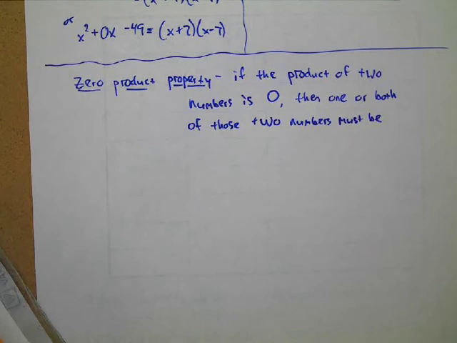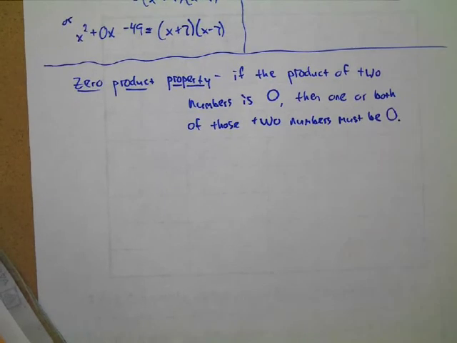So if you have two things that are multiplying, and it doesn't have to be numbers, I could just write expressions there. If two things multiply and their product is 0, one or both of those two things must be 0. There's no way to get 0 without multiplying by 0 in the first place, right? You have to have times 0 in the first place.